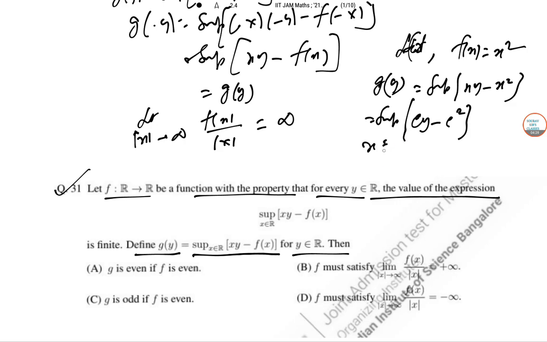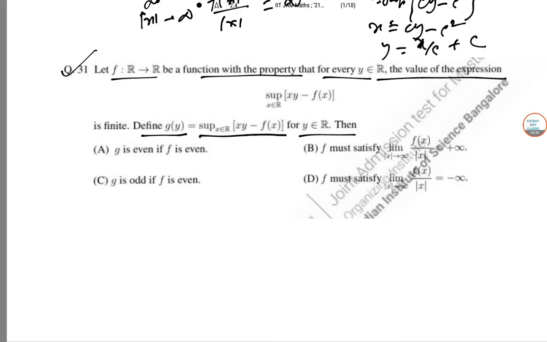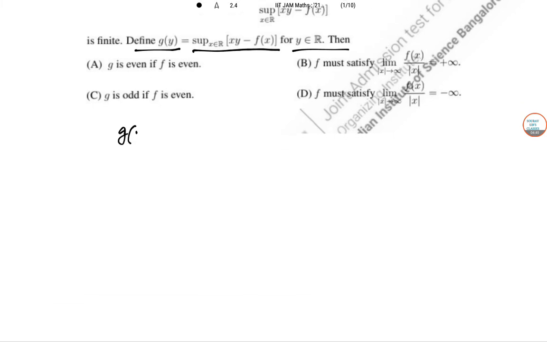So x equal to cy minus c square, so y equal to x by c plus c. Now g of y is supremum of xy minus x square, that is equal to 0.